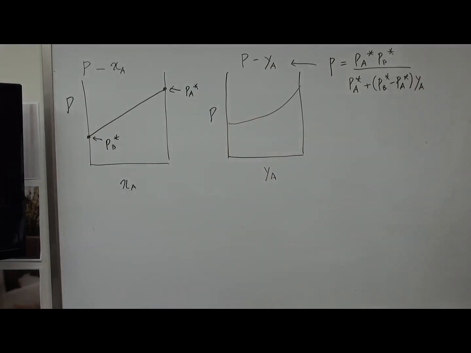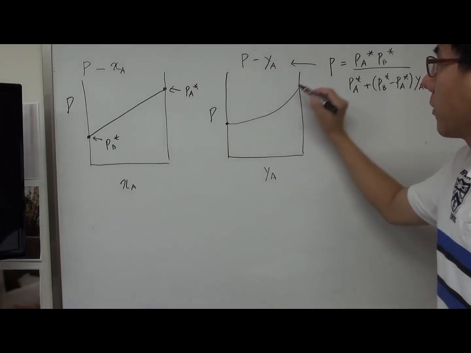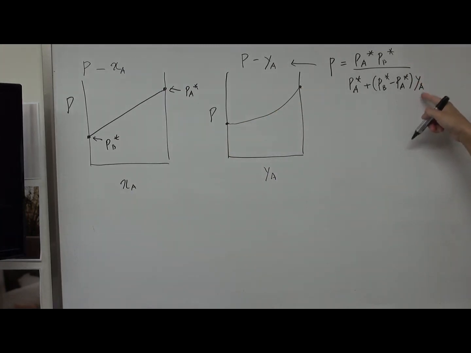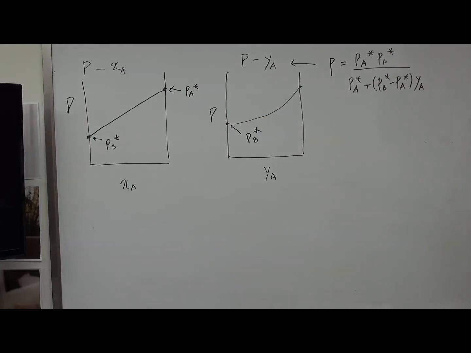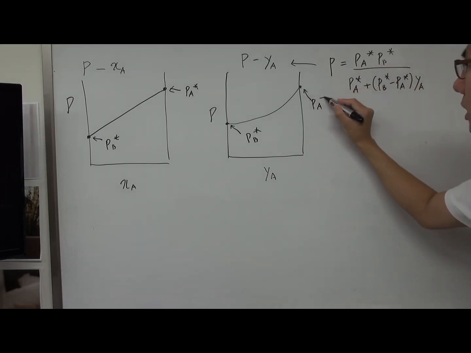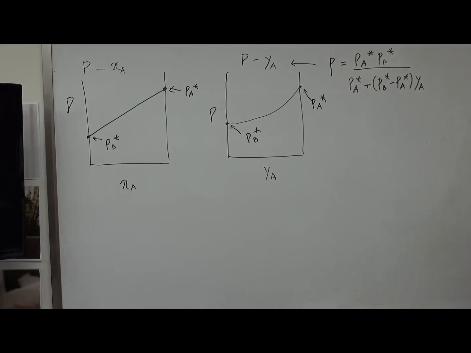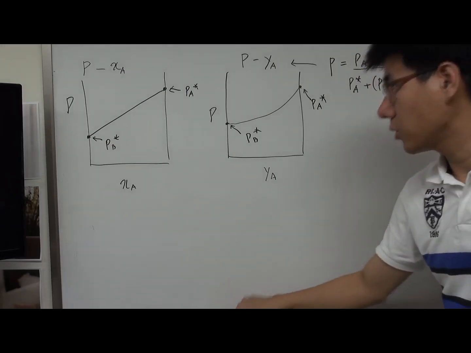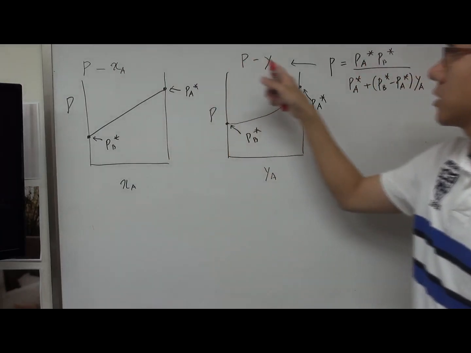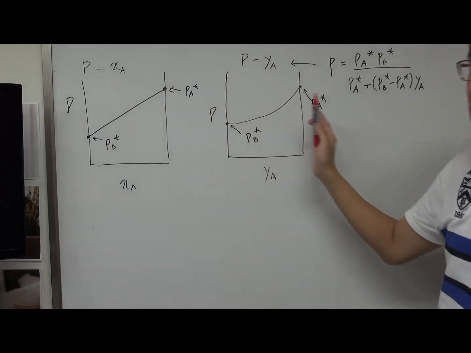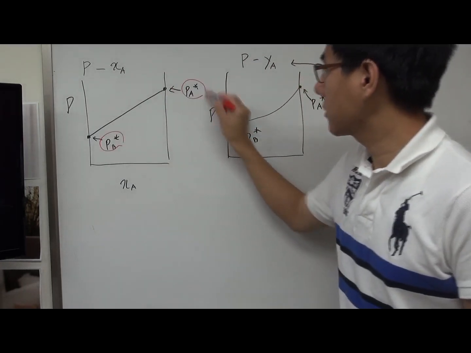And let's check the intercept here. If YA is 0, this part is removed and the intercept is PB star. If YA is 1, then the intercept is PA star. Interesting, right? We draw total pressure as a function of mole fraction in the liquid phase and gas phase. The shape is different, but the intercepts are the same.